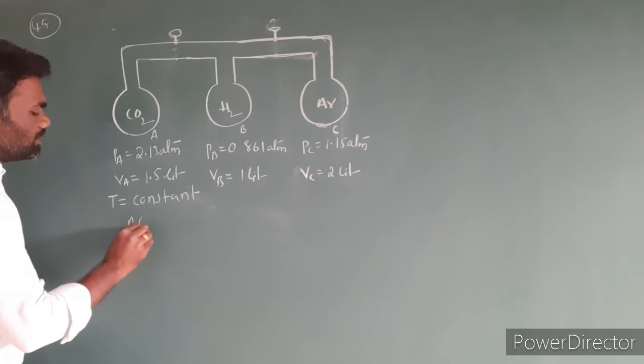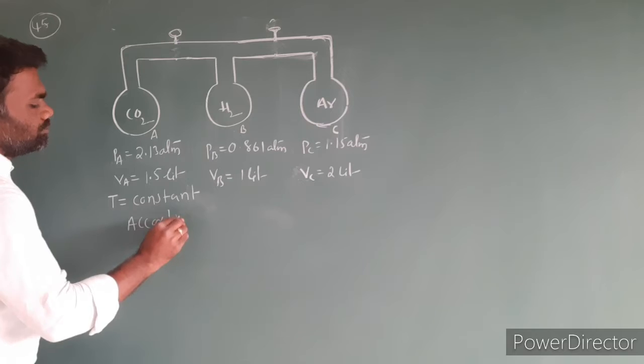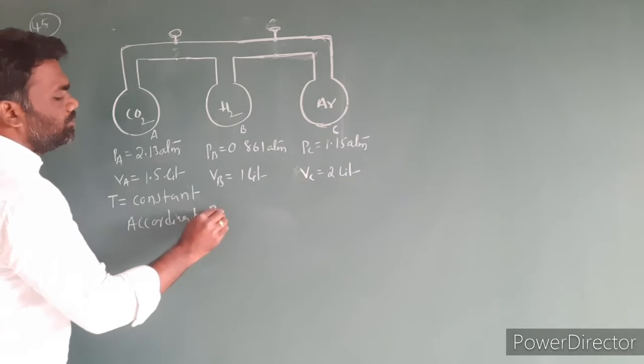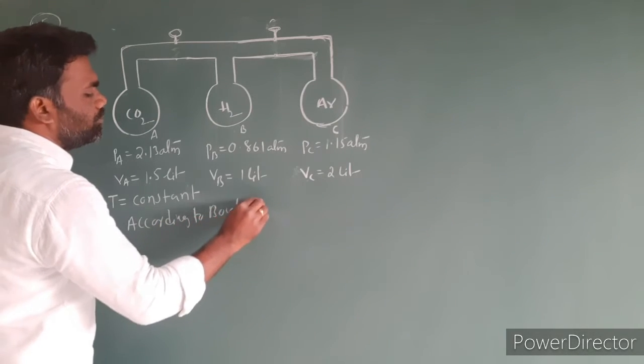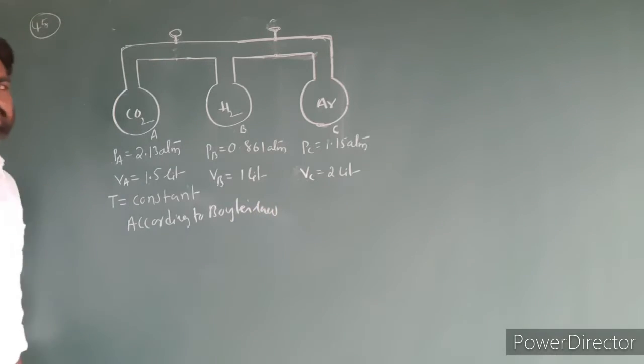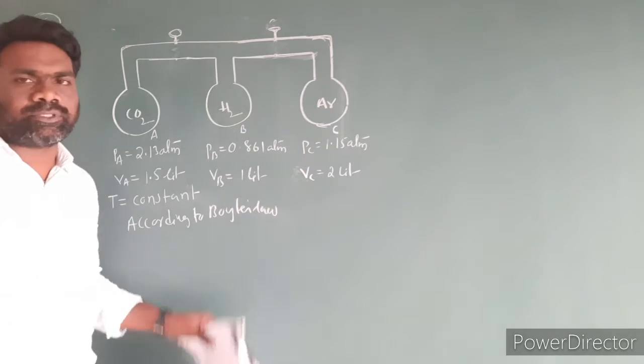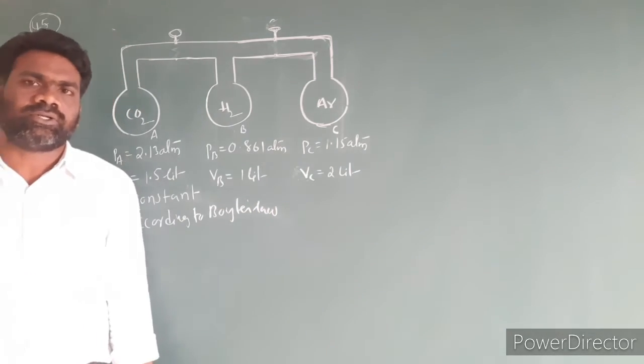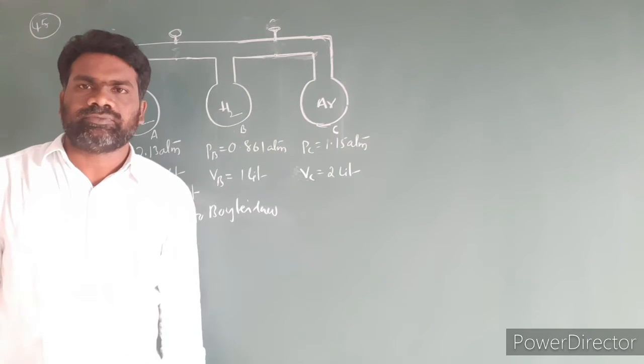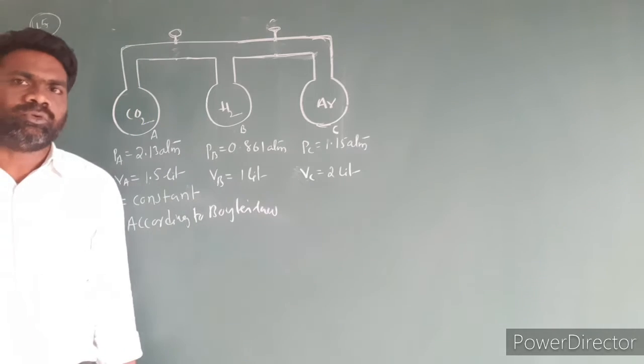So according to Boyle's law, volume is inversely proportional to pressure. PV is equal to constant. In two different cases we can take P1 V1 is equal to P2 V2.